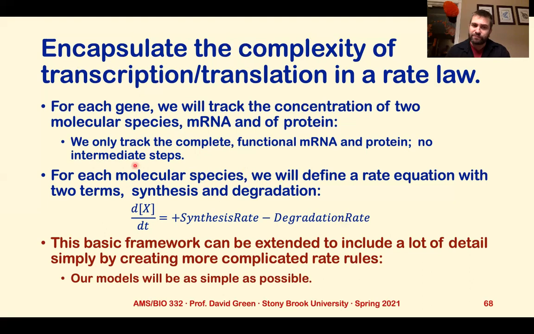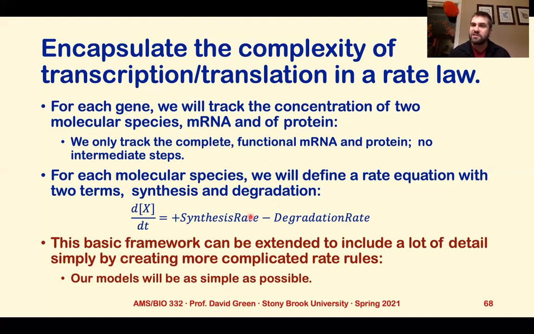So for each gene, we're going to track RNA and protein concentration, and for each of those molecules, we're going to describe a rate law that describes synthesis and a rate law that describes degradation. This basic framework can actually be extended to have a fair bit of detail in it.